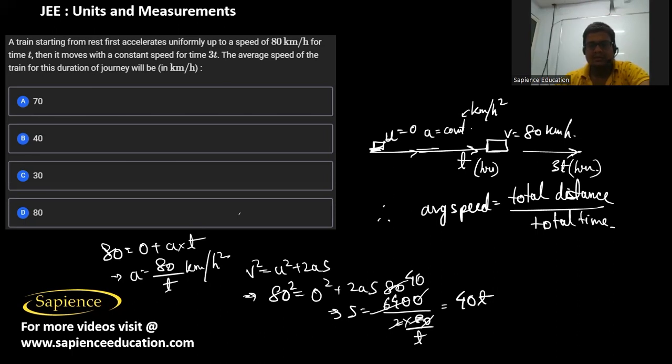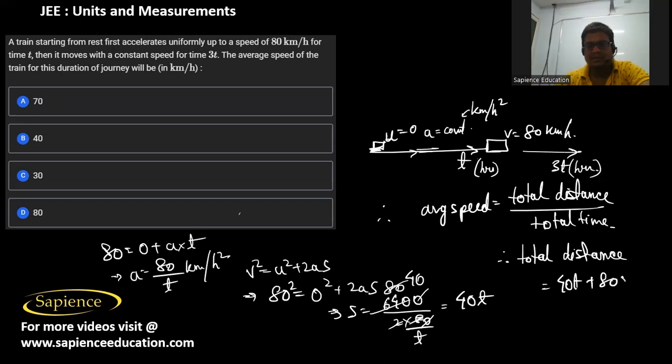Now in 3t time, it travels with a constant speed. Therefore, the total distance traveled: in time t, it covers a displacement of 40t, plus in 3t time, it travels with a uniform, constant speed of 80 kilometer per hour.